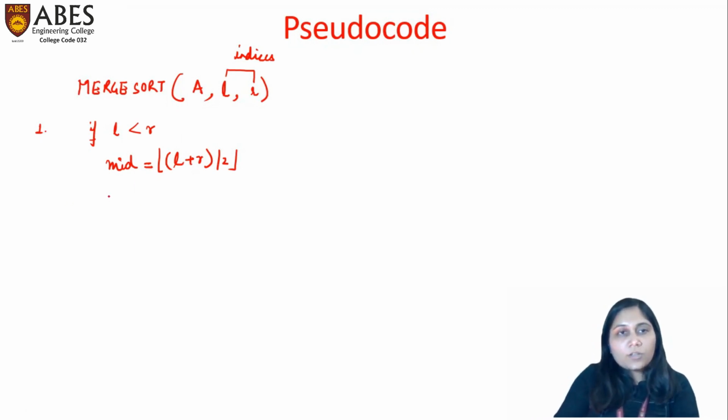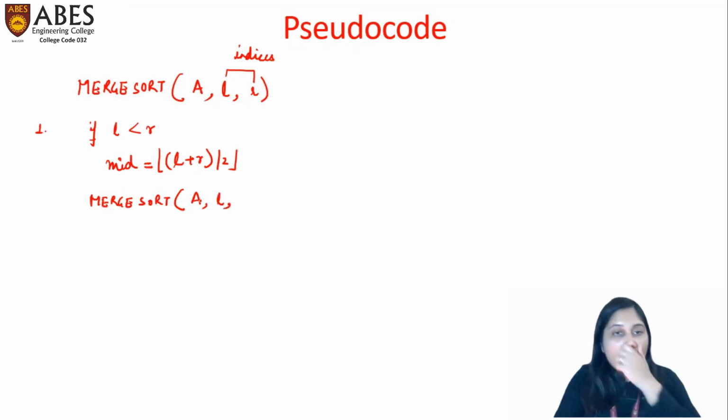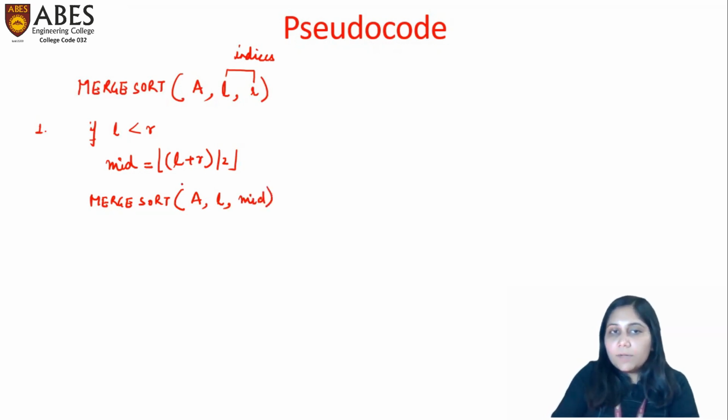Once you have calculated this, we call merge sort for the left side and then for the right side. In this, I am including the mid index: left to mid.